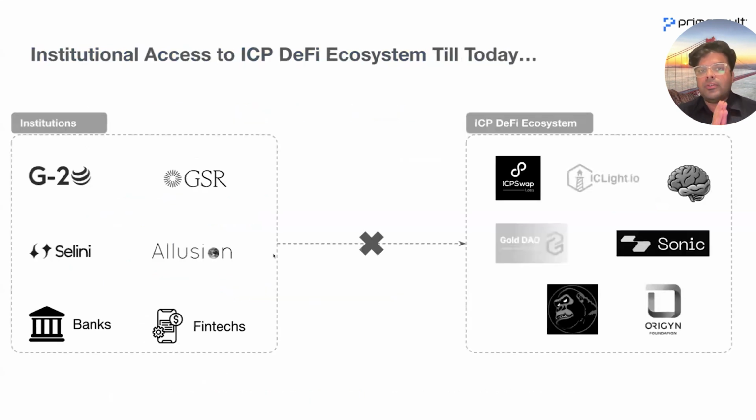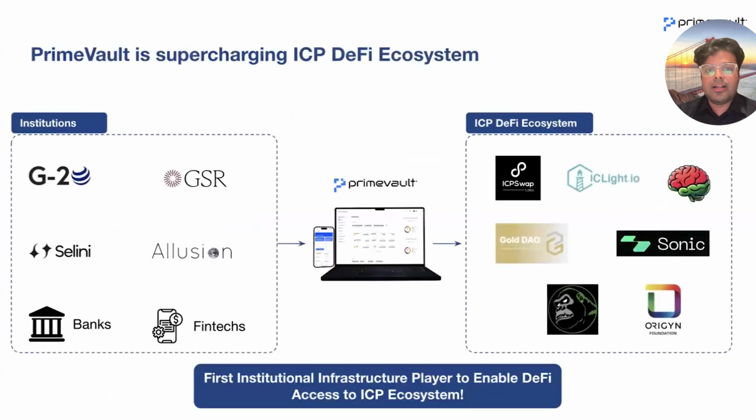So institutional access to the DeFi ecosystem looks different now. We're the first to enable DeFi access to the ICP ecosystem, and I'm extremely excited to provide institutions this gateway to all the top dApps on the DeFi ecosystem.